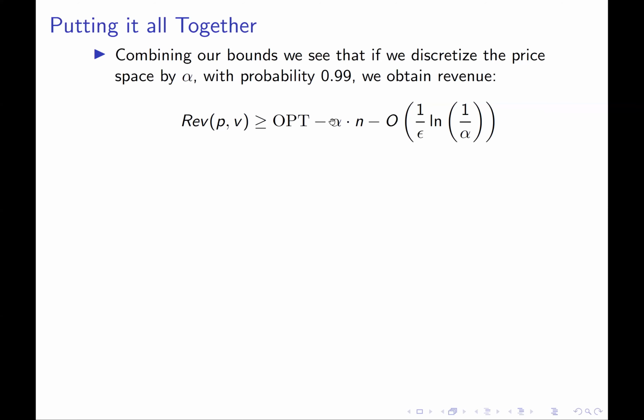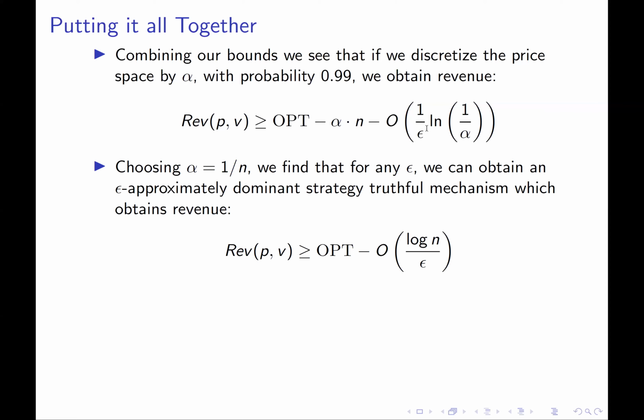This is the gap between the optimal revenue of any price overall and the optimal revenue amongst the set of discretized prices we let the exponential mechanism choose amongst, minus the error term of the exponential mechanism, which degrades with 1 over our approximate truthfulness parameter times the log of the size of our discrete set.